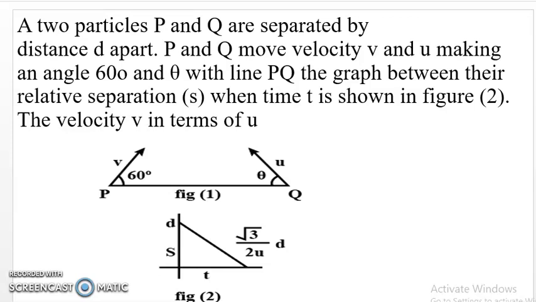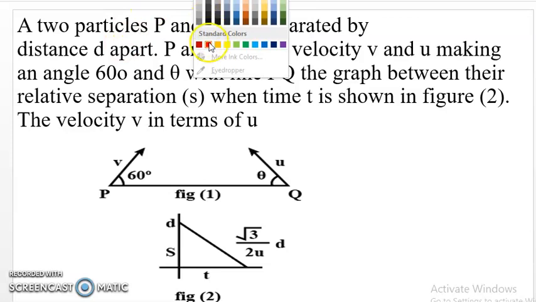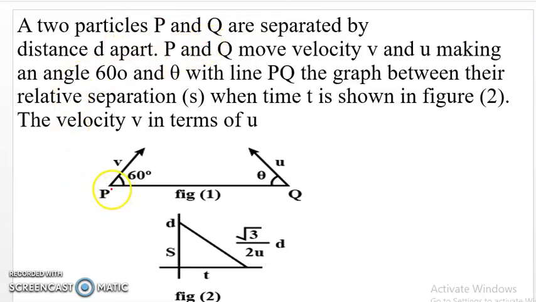Two particles P and Q are separated by distance d apart. If you observe, you can see from the diagram below that we have particle P and Q. So P is here and we have Q. They are separated by distance d apart.